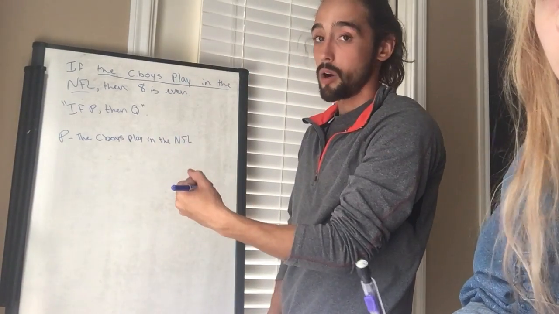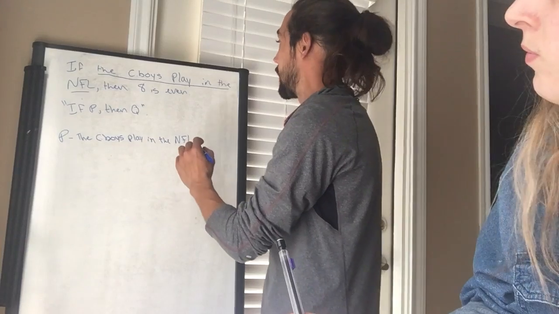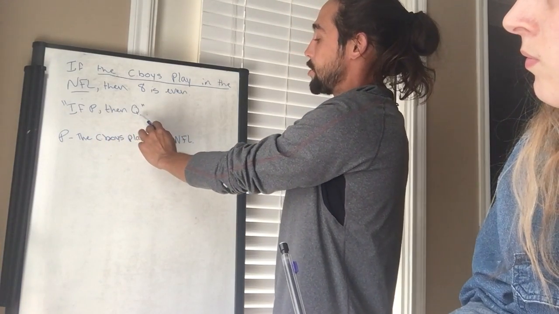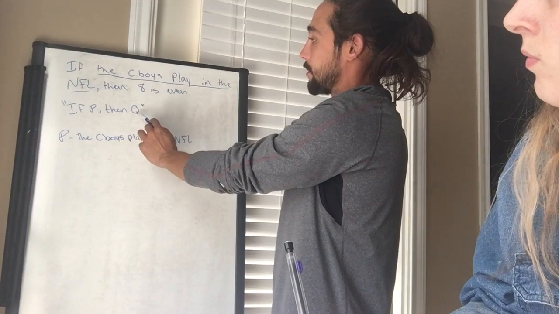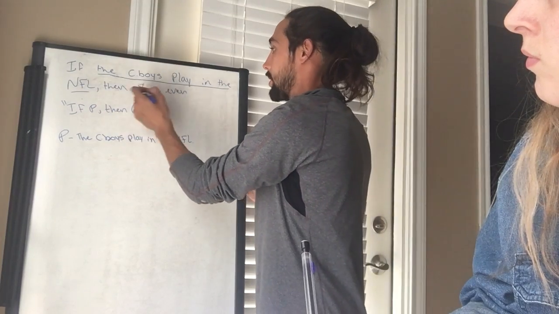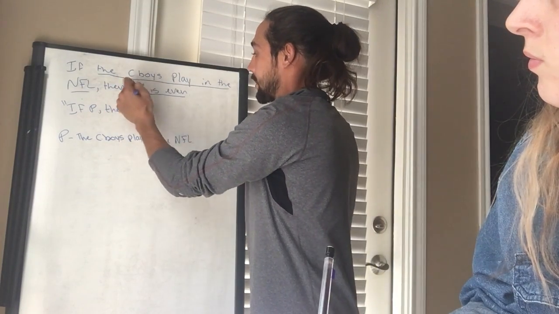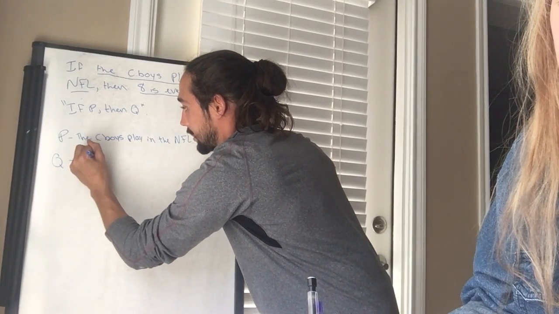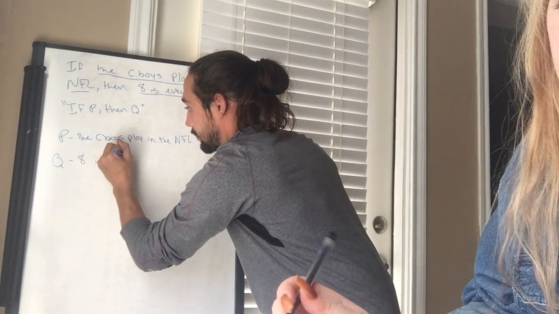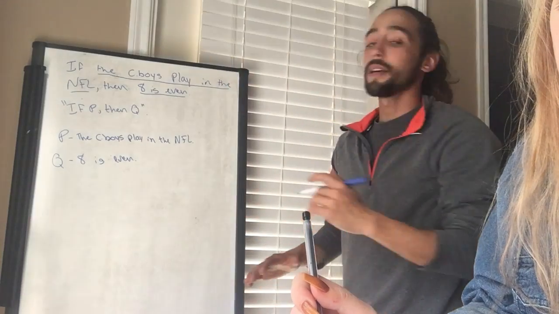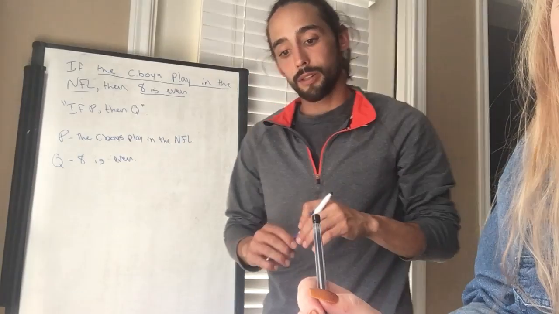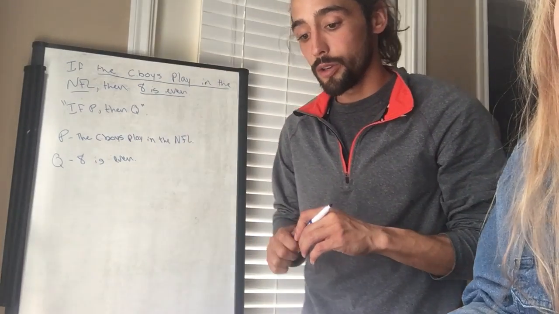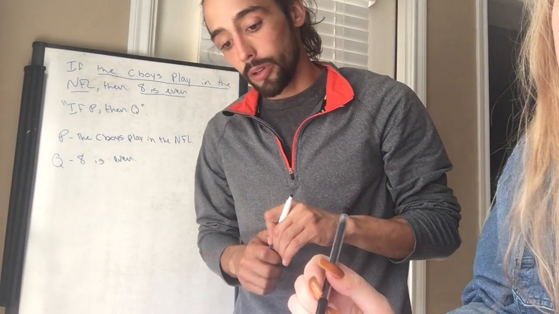We can figure out if they are in the NFL or not. And our conclusion is Q right here, and that comes after then. So then, right there, 8 is even. So our Q is going to be 8 is even. And that's all we're going to do for this lesson. We just need to find our P and our Q, our hypothesis and our conclusion.